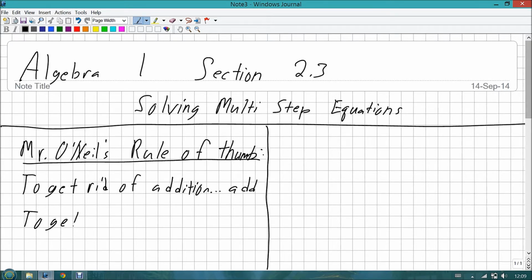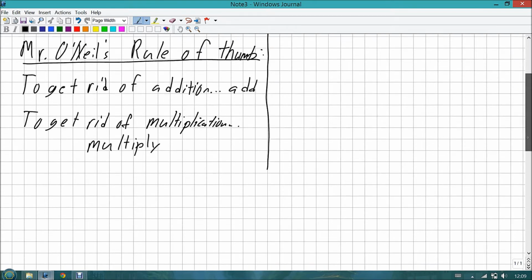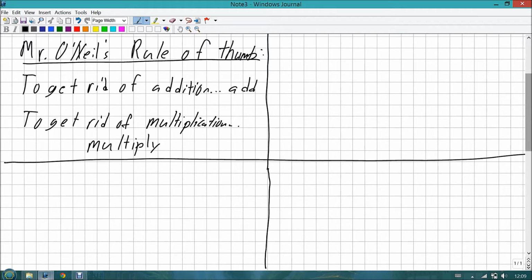To get rid of multiplication, can you guess? You're right. You multiply. To get rid of multiplication, we multiply. To get rid of addition, we add. So let's go ahead and look at some examples to find out exactly how and why it works.